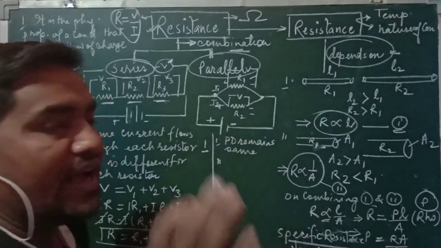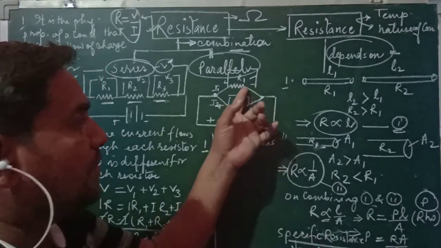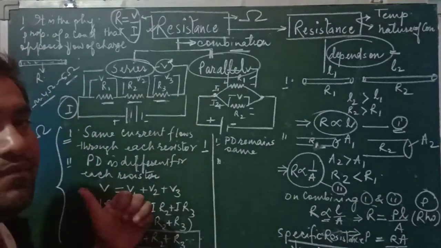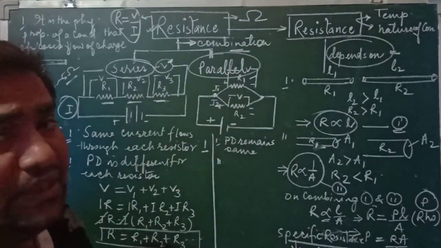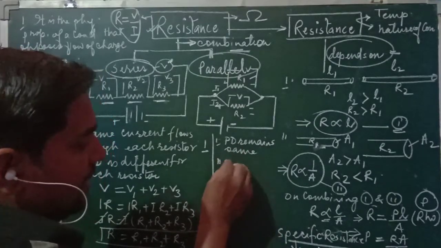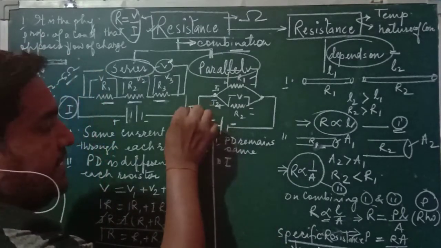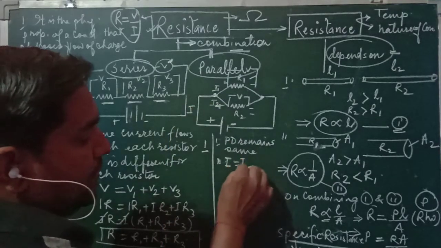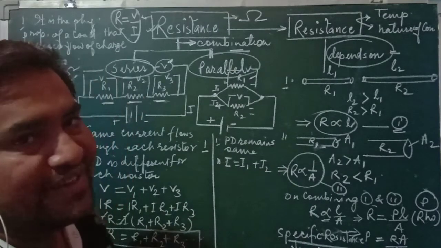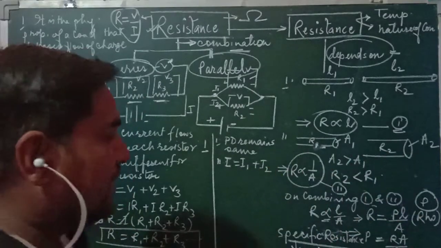The value of I is different for different appliances as per their requirement, meaning they can take what they need, which was not available in the series combination, students. So total I is equal to I1 plus I2, and if many more resistances are combined, you can write it also.